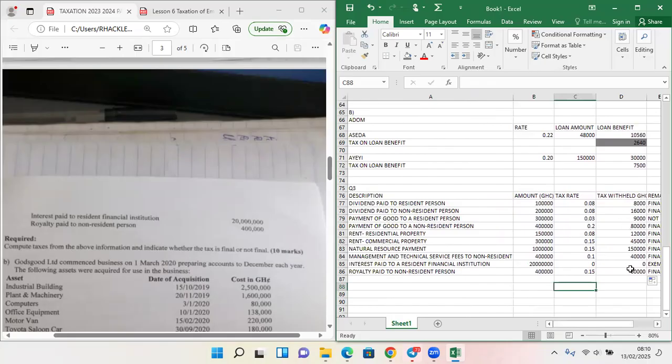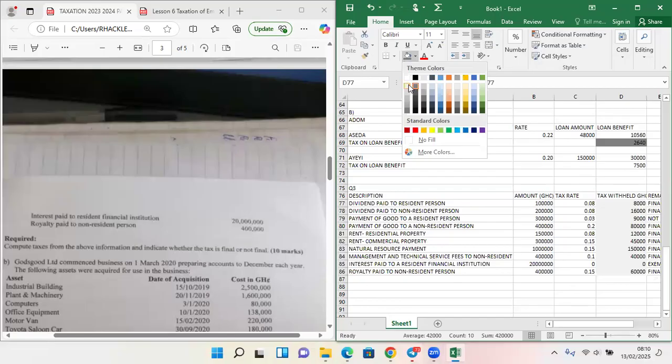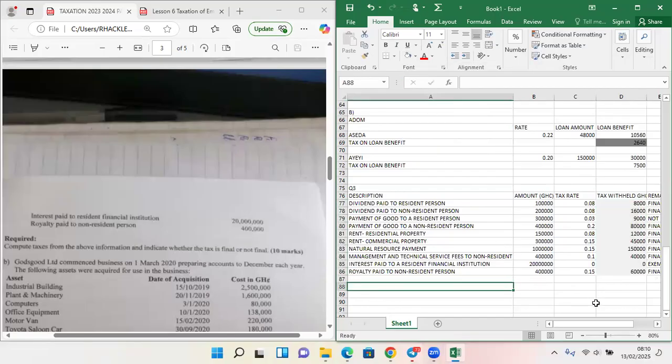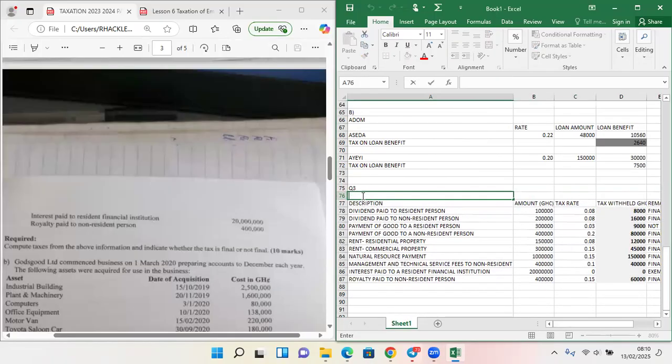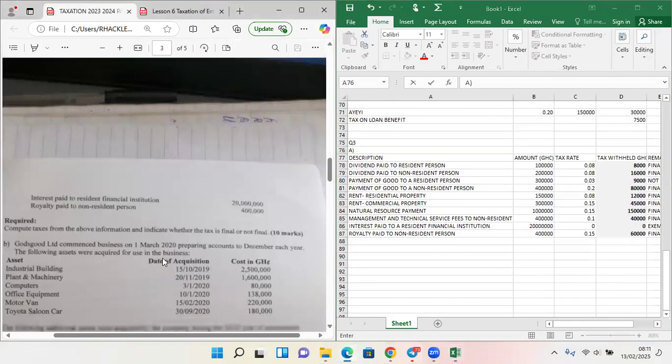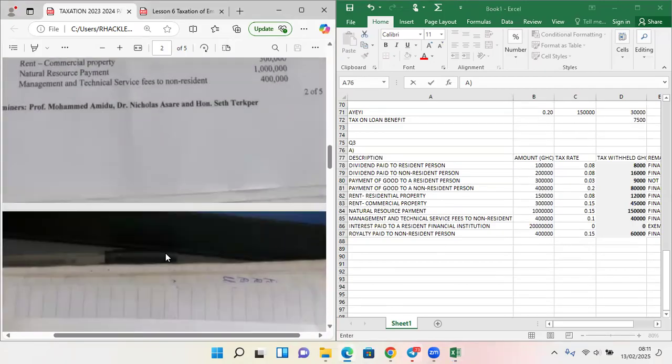These are the tax withheld. I think we're done with that one.